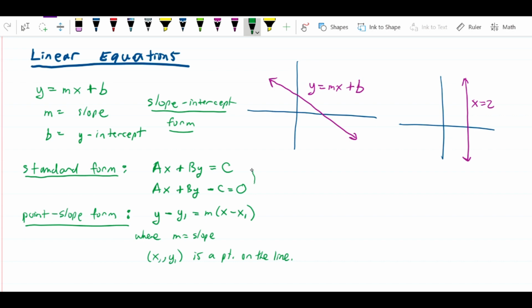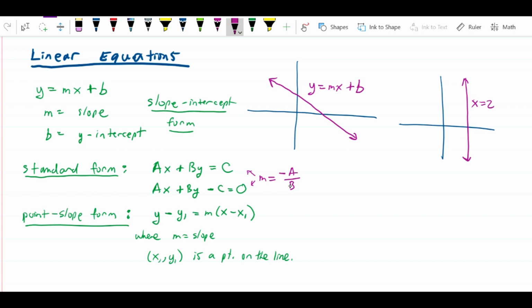It's worth noting that the slope, where it exists, is equal to negative a over b. You can get that just by solving for y. But that, of course, assumes that b is not 0, because if b is 0, you get a vertical line.